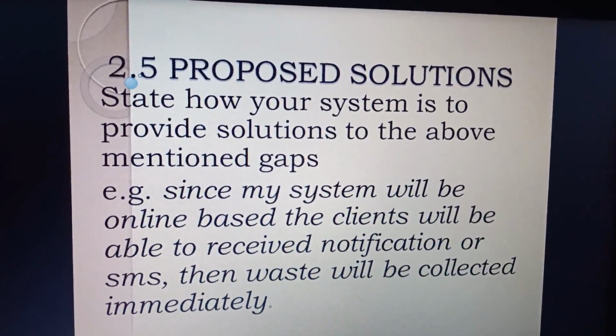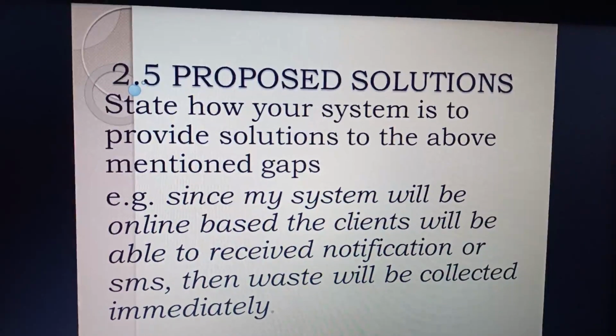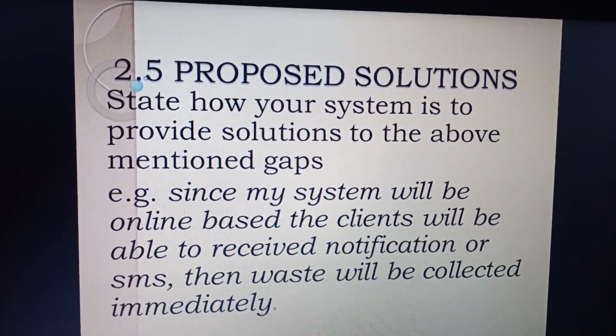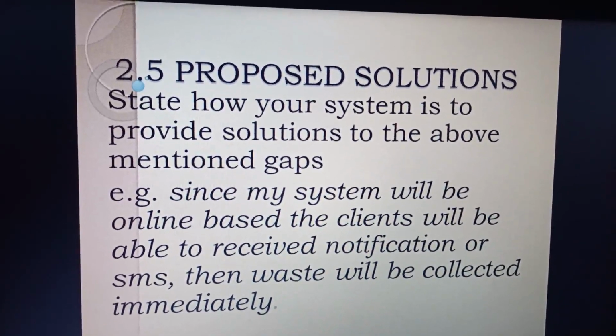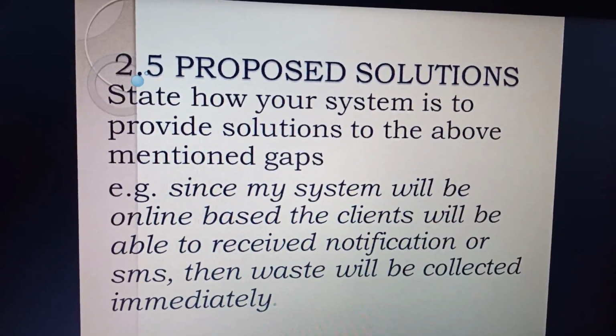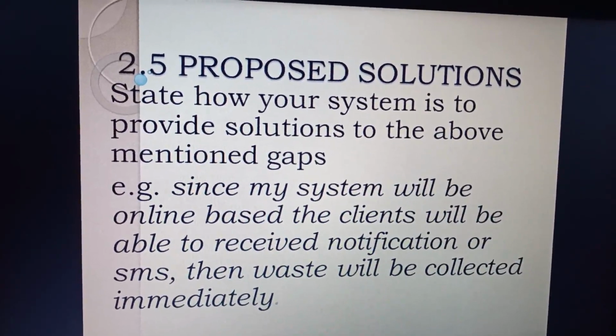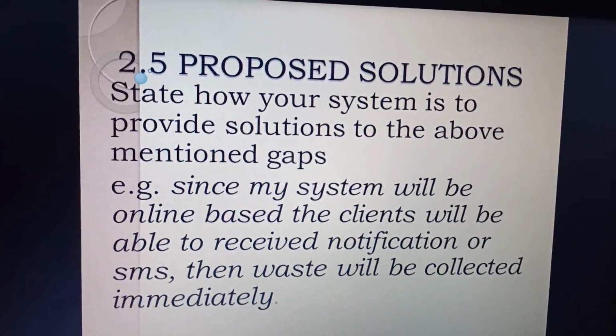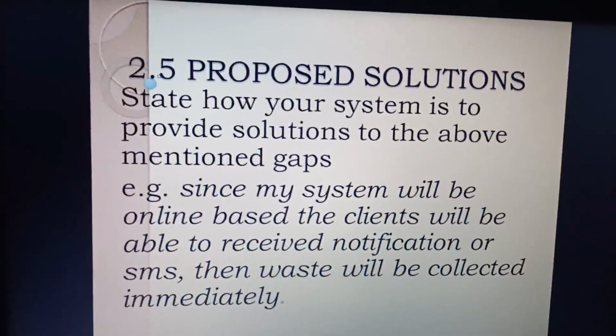State how your system is to provide solutions to the above mentioned gaps. E.g., since my system will be online based, the clients will be able to receive a notification or SMS informing them when the waste will be collected.